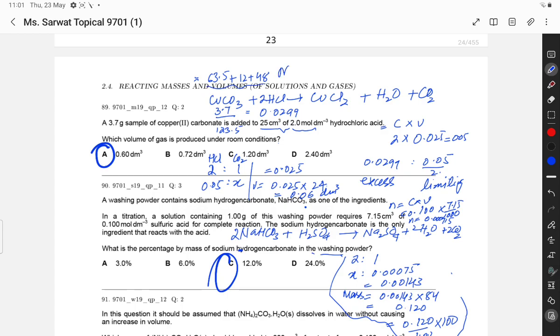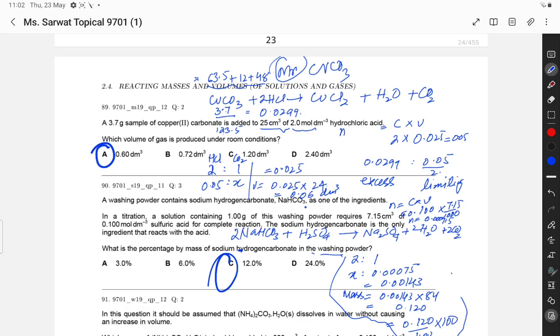This is the Mr of copper(II) carbonate. Using mass over Mr, 3.7 over 123.5, the mole is 0.029.